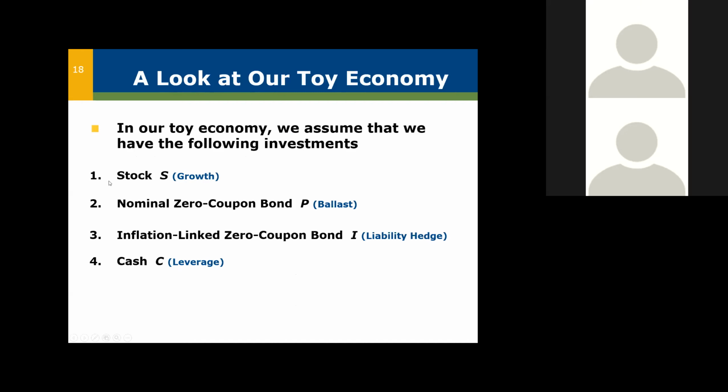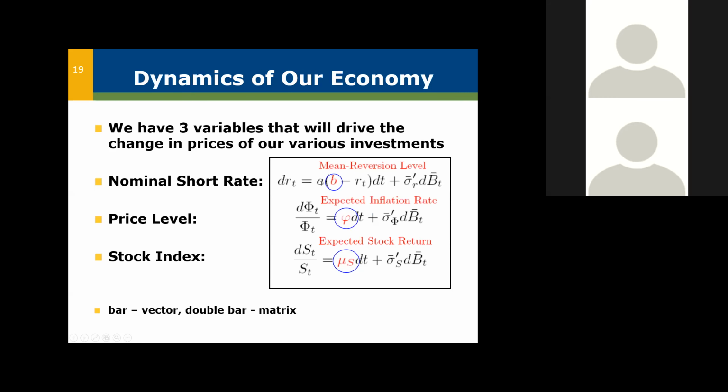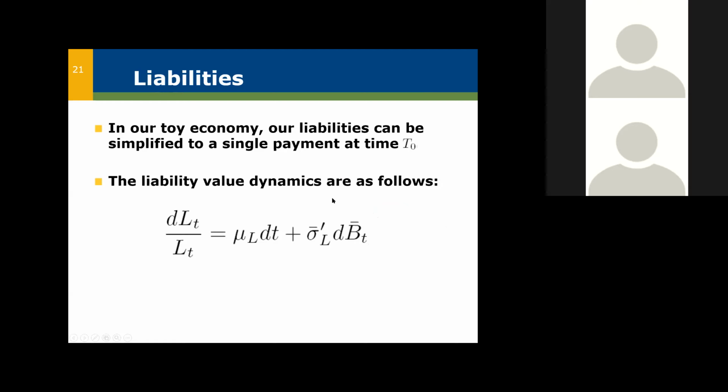Talk a little bit about where this model comes from. So we set up a simple toy model economy of stocks, nominal bonds, inflation-linked bonds, which hedge our liabilities, and cash, which is a source of leverage. We have all these stochastic differential equations, and bond pricing formulas drop out of those. Then you get a stochastic equation describing the dynamics of the liabilities.